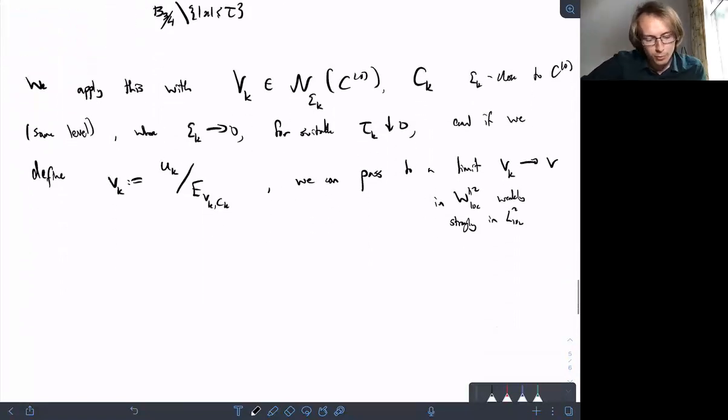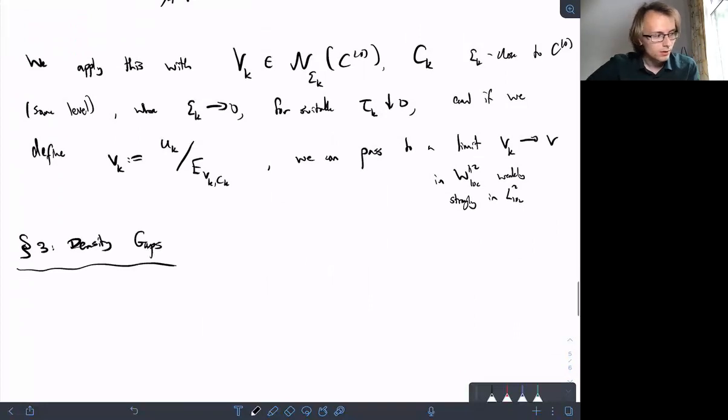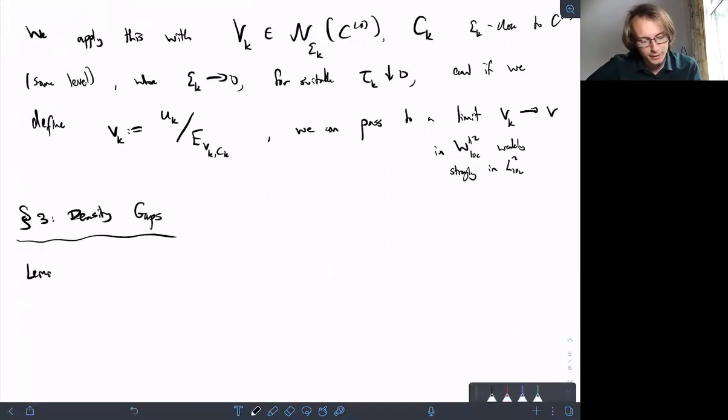And so what we actually have is no density gaps, we can prove the following lemma.